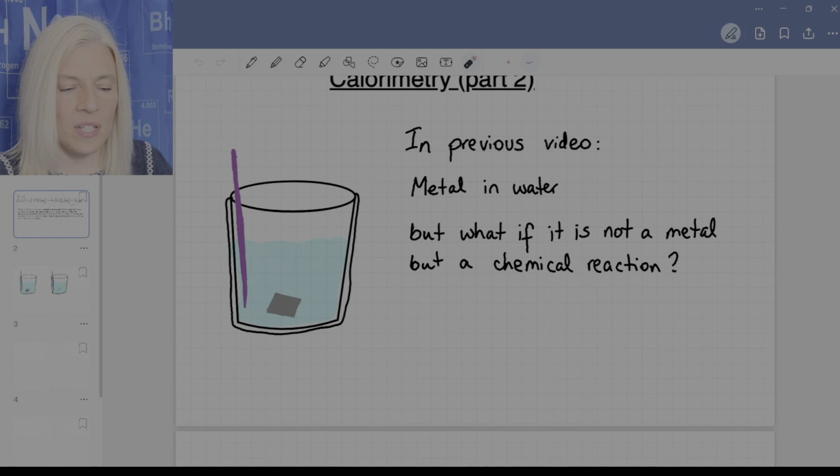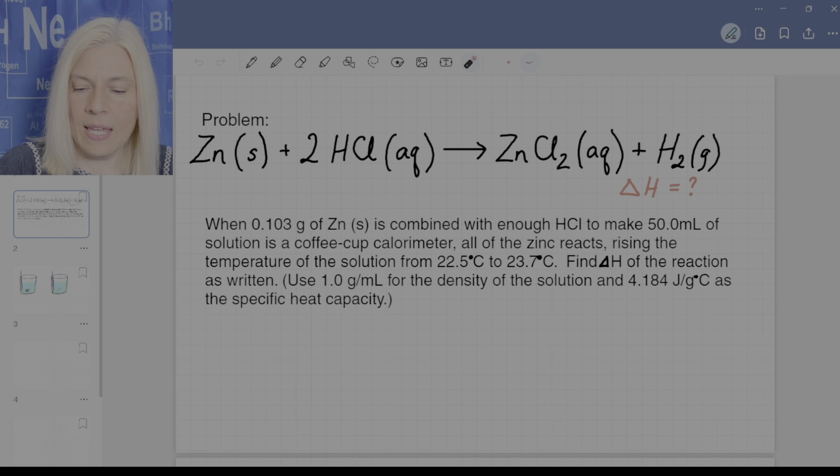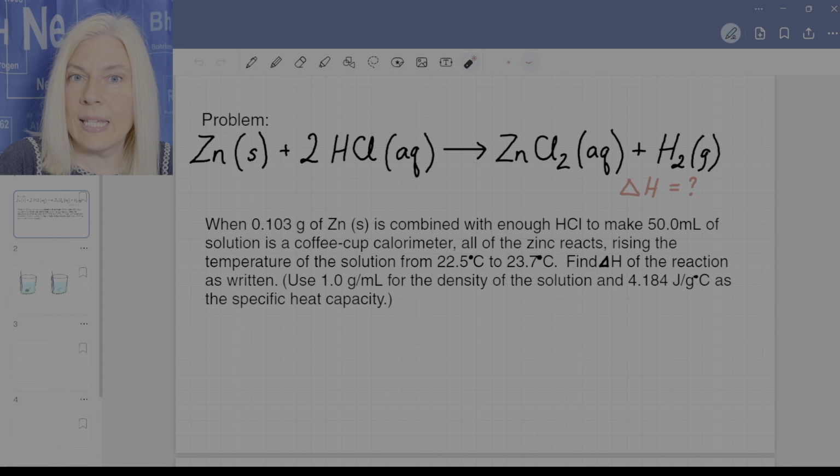Are you ready? Okay, so here is a problem. Here's a chemical reaction now in front of us. It's a single replacement reaction: you're going to put solid zinc into a solution of hydrochloric acid, and it will seem like zinc will disappear.